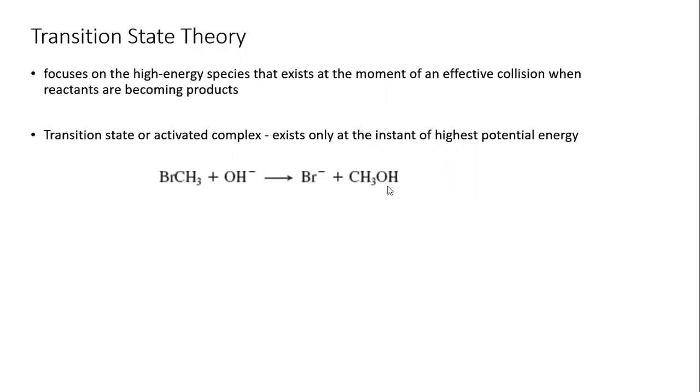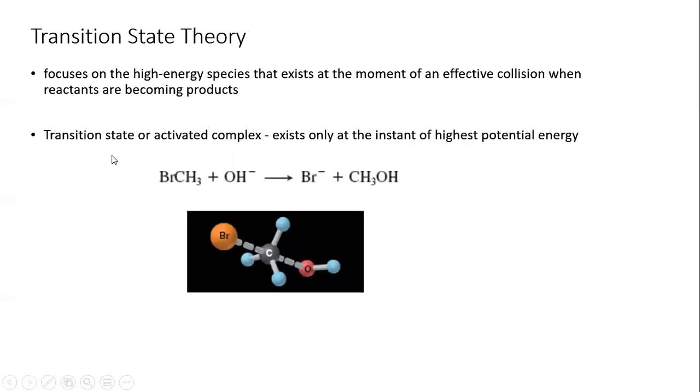We want to look to see what would be the transition state of this reaction. And so what happens is the transition state involves the formation of a carbon-oxygen bond and the breaking of a carbon-bromine bond. So here, let me draw this, and we'll look at it more in depth in just a second, just to show you.